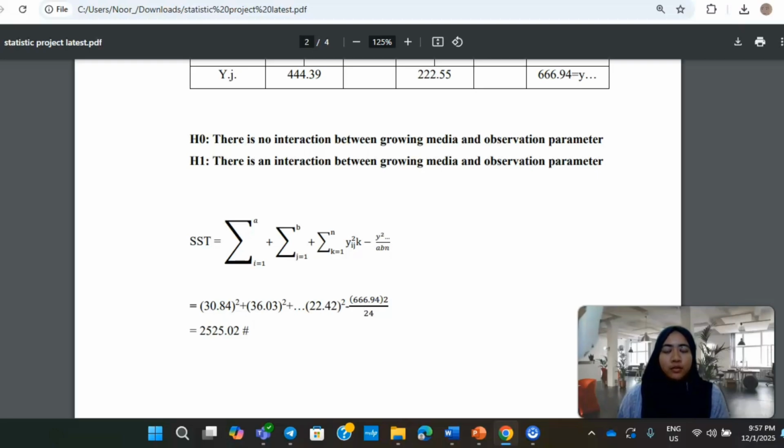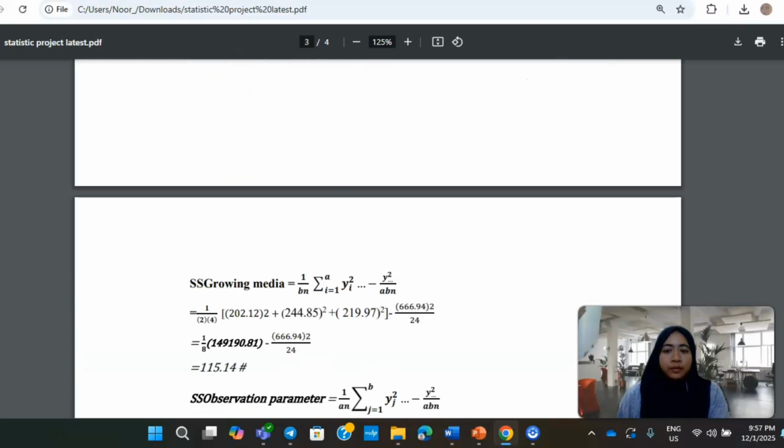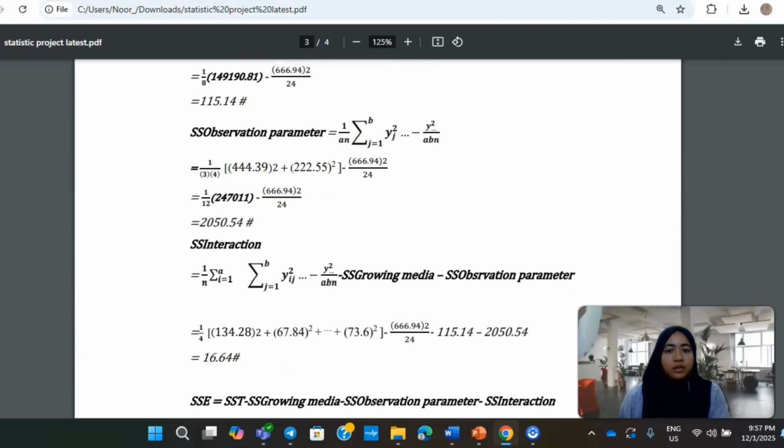To accept or reject the hypothesis, we need to make an ANOVA table. For the ANOVA table, we need to calculate the sum of squares total, sum of squares of growing media, sum of squares of observation parameter, sum of squares of interaction, and sum of squares of error.